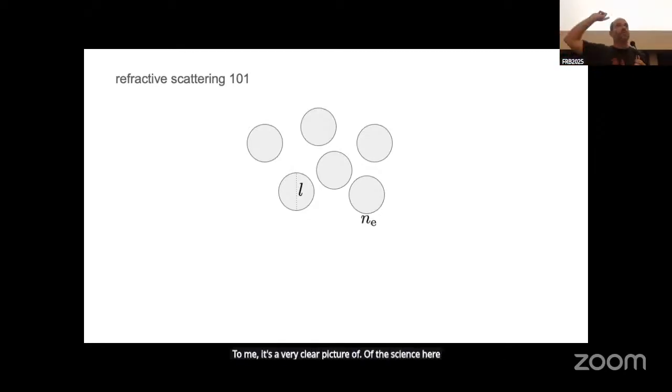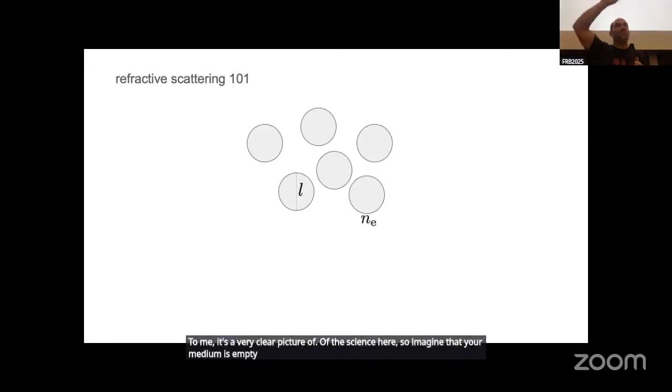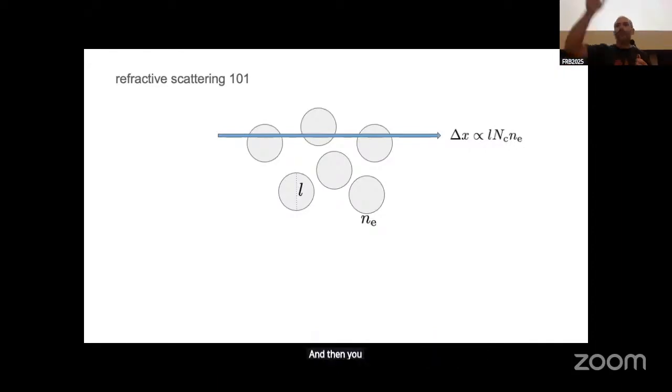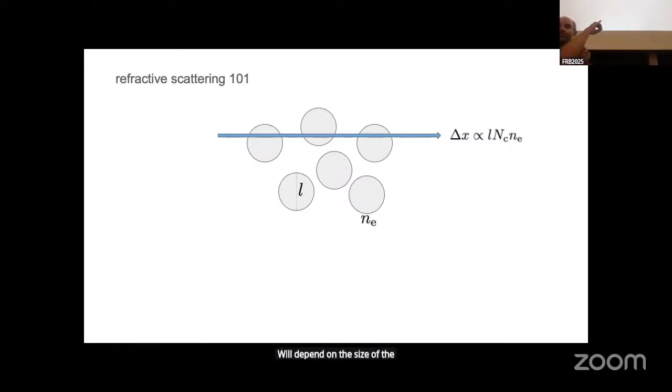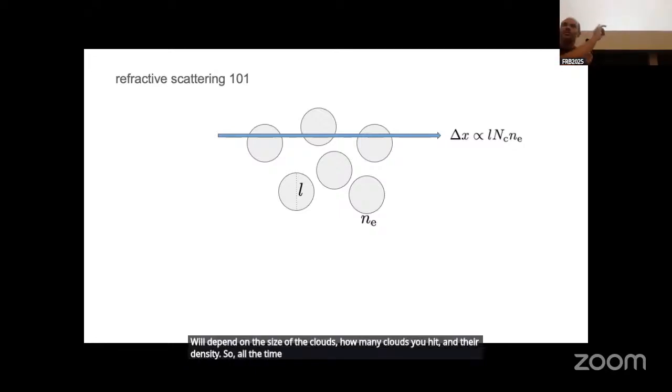So imagine that your medium is empty and you have some clouds of given size and density, and then you have light going through. This ray is hitting three clouds here, and then the wave phase of this ray will be advanced. And the advance of this wave will depend on the size of the clouds, how many clouds you hit, and their density. So all the time you can see that I'm playing with the density and the size of these clouds.